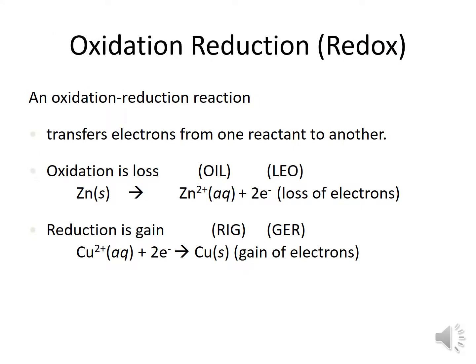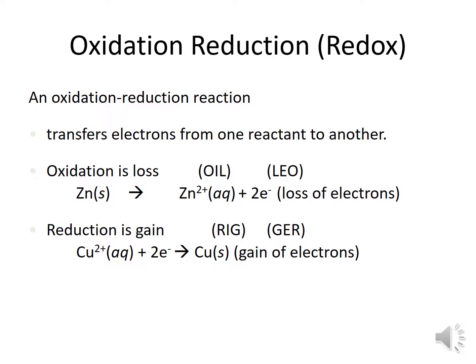Here is a topic we typically did not go into any detail on in Chem 1. In chemical reactions, very often there is a transfer of electrons from one reactant to another. Reactions of this type are called oxidation-reduction reactions, or redox for short.